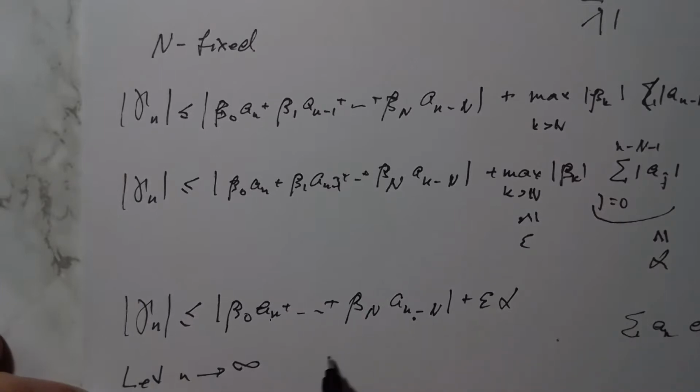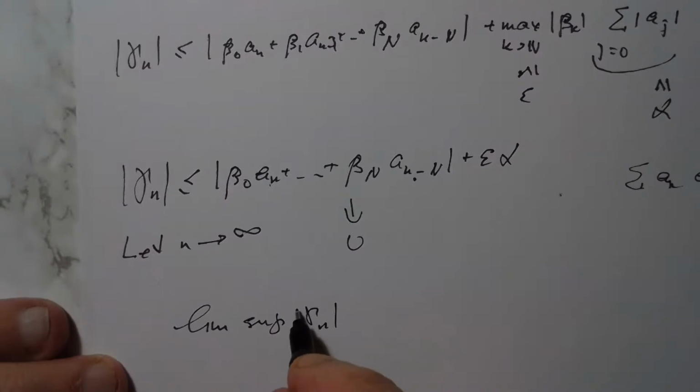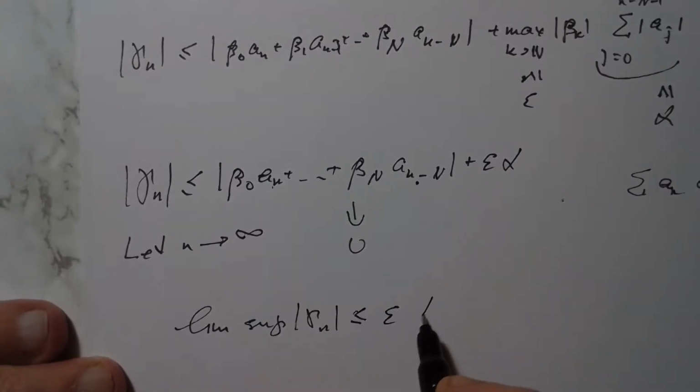So this quantity tends to 0, and so my conclusion is that the lim sup of gamma n will be less than epsilon times alpha.